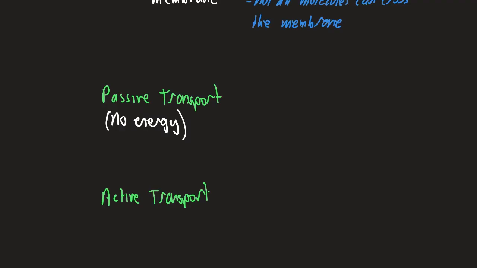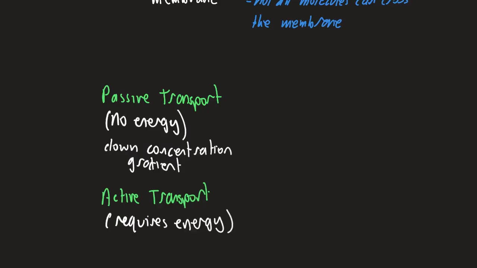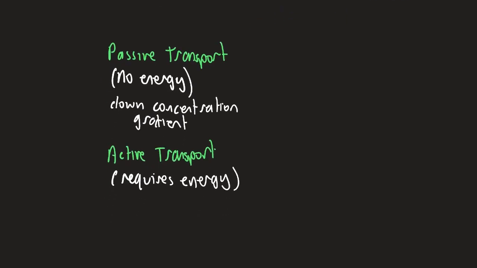And it does that because the particles move down the concentration gradient. I'm going to explain what that means in a minute. But the alternative is active transport, and that requires energy, because it's movement against the gradient.